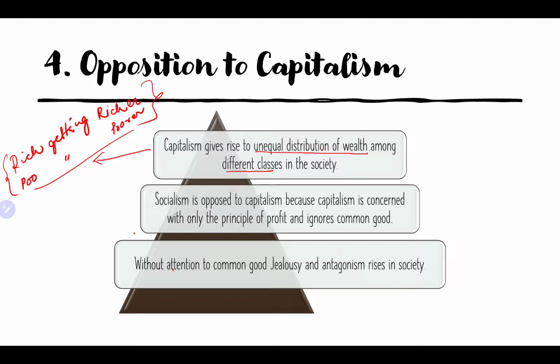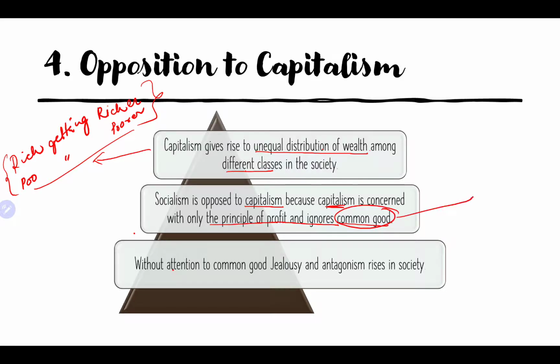So socialism is opposed to capitalism. It's natural, right? Because socialism talks about giving equal opportunities to every individual who has less access to the services provided by the state. Capitalism is concerned only with the principle of profit and ignores common good.